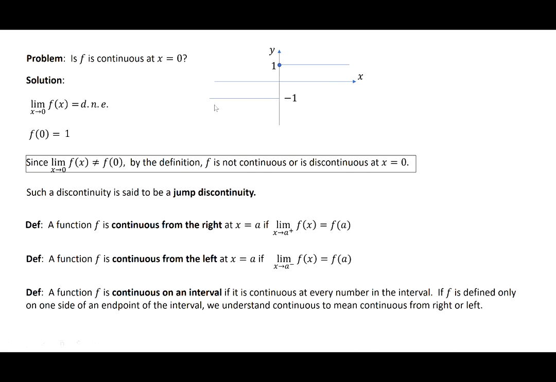This function is defined all the way from negative infinity to positive infinity, right? In the sense that you can plug in any x value, and at any x value you can figure out what the function's value is. But what if this were to be defined only from 0 to infinity? That means this line doesn't exist, undefined for x less than 0. In that case, could we say it is continuous?